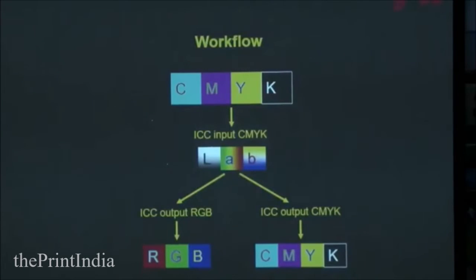Sometimes customers send pictures which are in CMYK. So the customer's CMYK picture can be converted to LAB, and then you can convert it to your own CMYK profile for printing, or to display on the monitor like this. It's slightly confusing here, but the color course can be much longer. We are only talking about how it works.